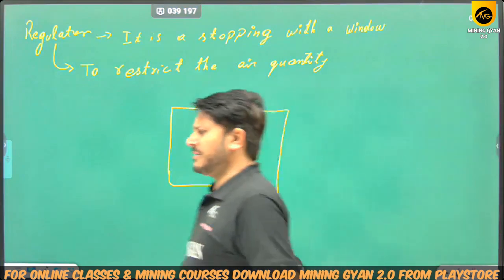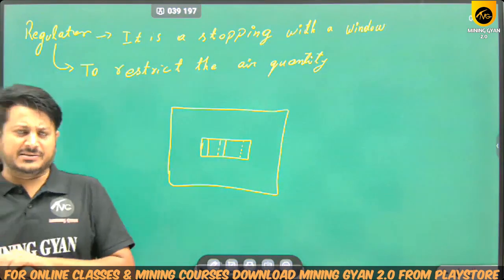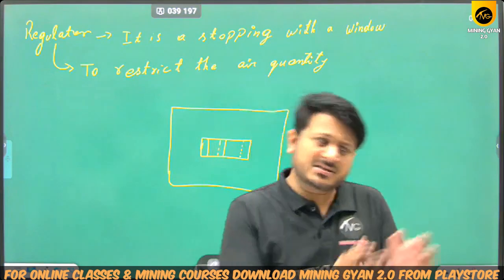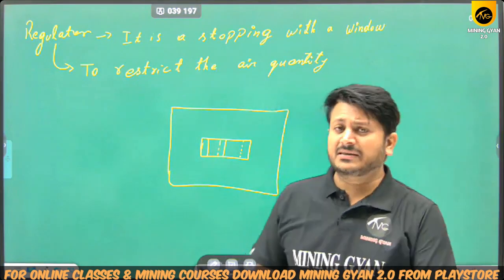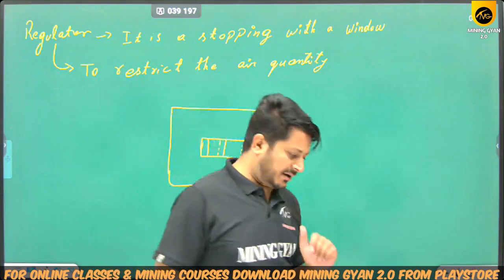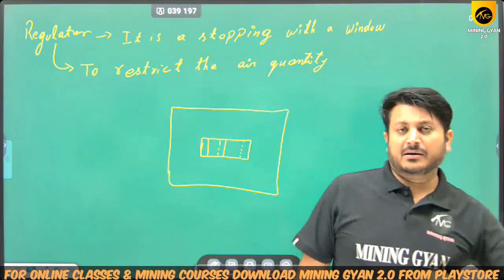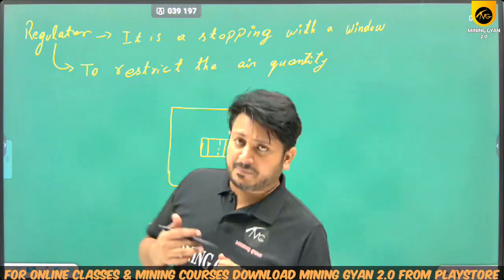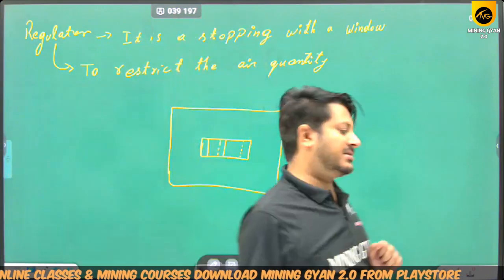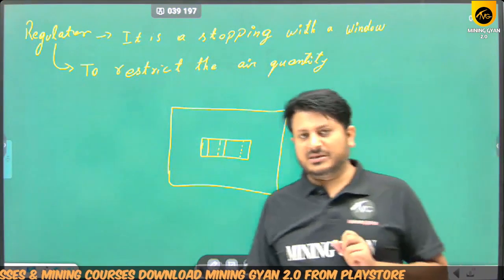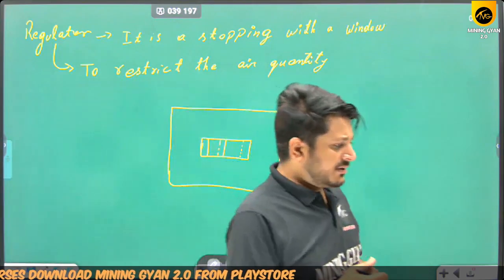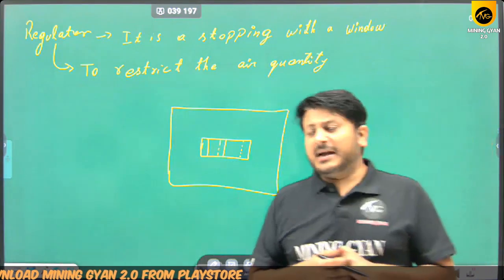Basically, a regulator is made for the distant districts. Suppose there is a district which is just beside the shaft, then that district or panel will get a large quantity of air, but the district or panel at a much greater distance from the shaft will get less air.